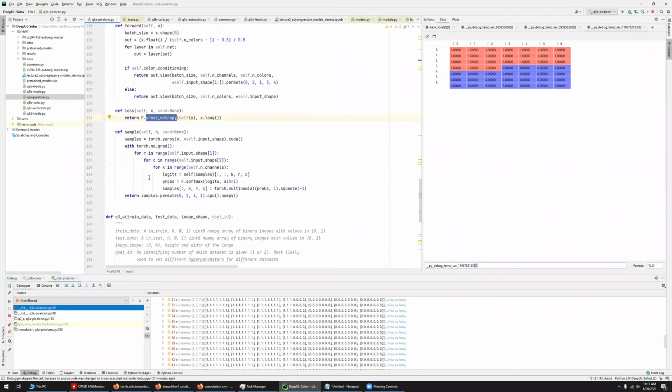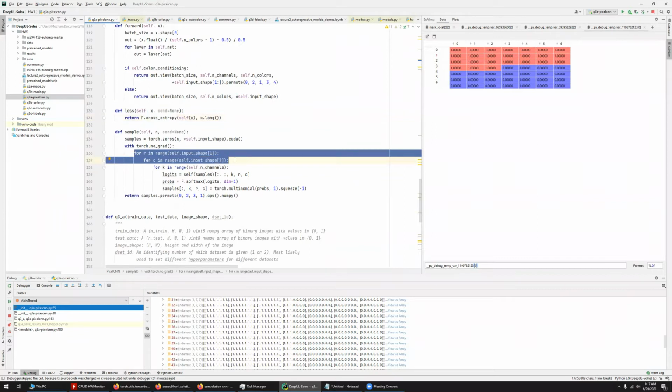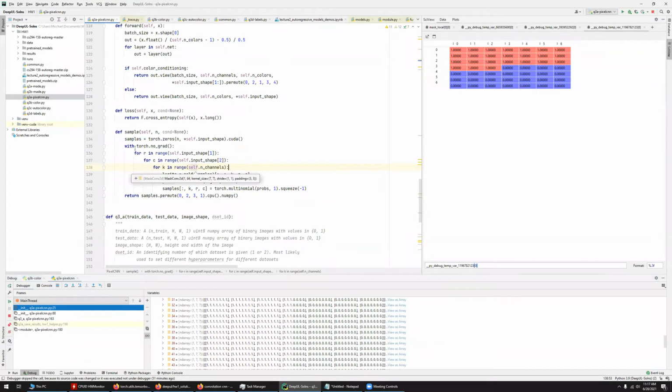Sample is just the same. So you go for the size of the image, and then the number of channels, which in our case is 1. So it doesn't matter, because it's a binary image.